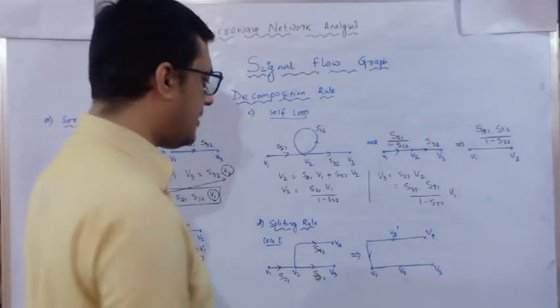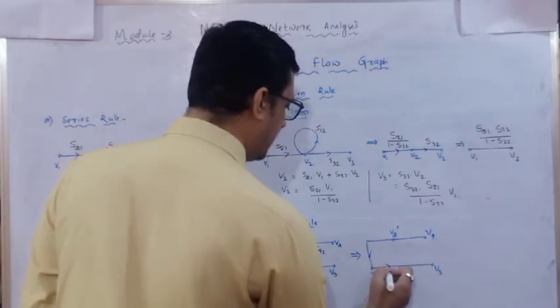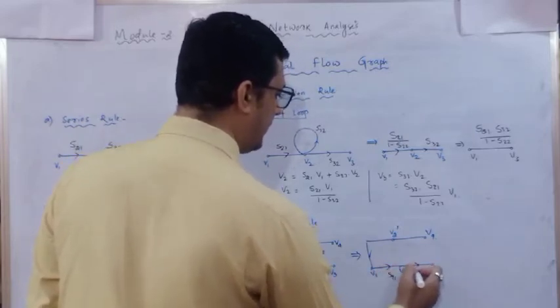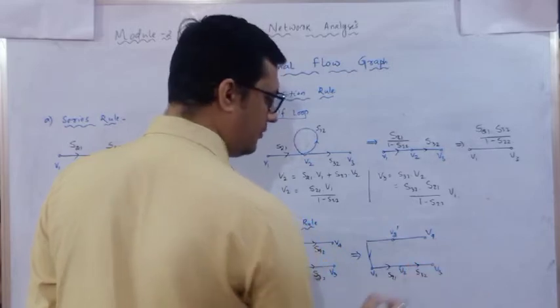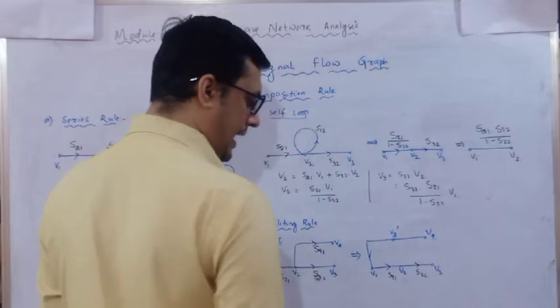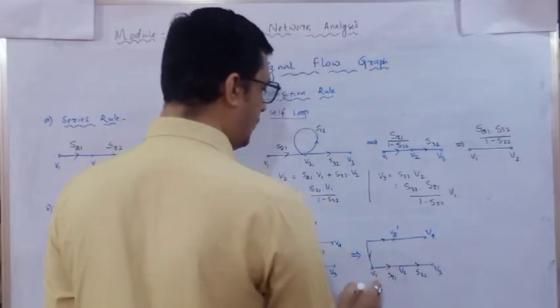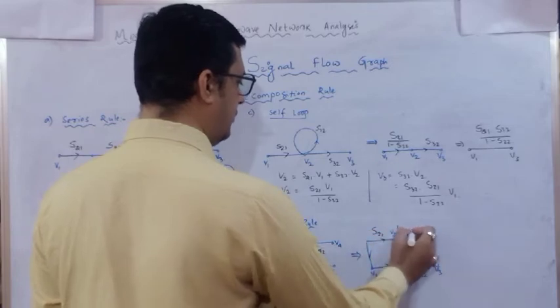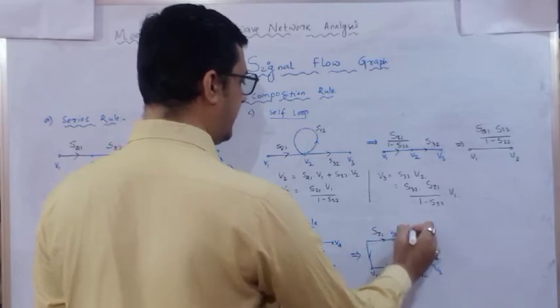It comes under that. So V1 to V2, it is S21. V2 to V3, it is S32. Then we have 1 to 2, it is again S21, and 2 to 4, again it is S42.